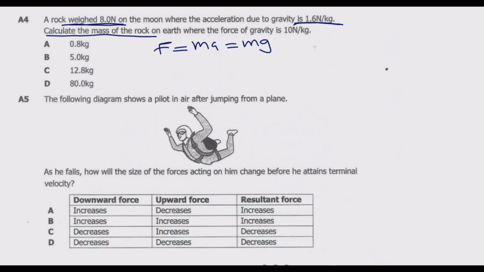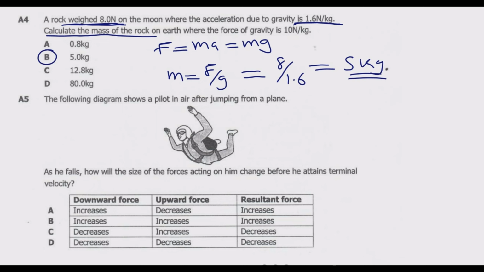So to find mass, given gravity and force, mass is equal to force divided by gravity, which will be the same as 8 Newton, which is the force, divided by gravity, which is 1.6. Then this will give us basically 5 kg. So 5 kg is basically the mass, which is B.